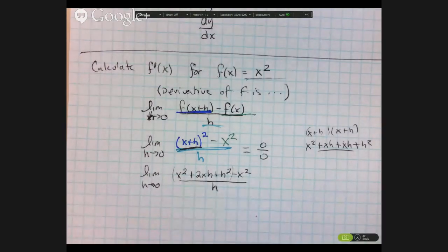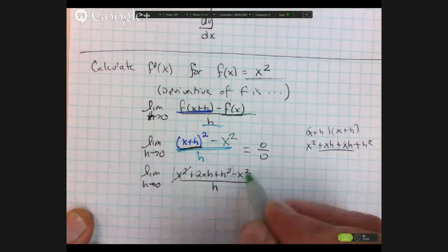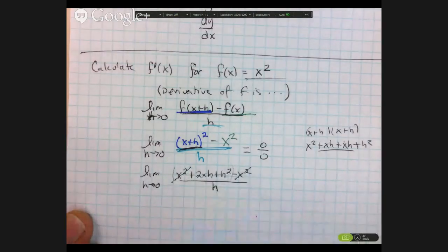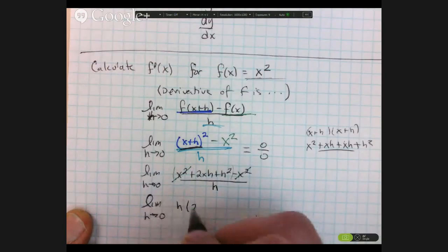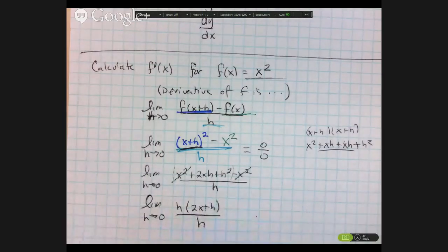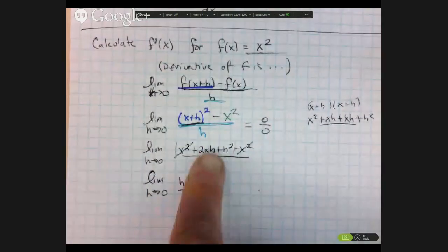Okay. What do you see? Yep, we can cancel the x squareds and factor an h out. So x squareds are gone. I have an h in each term.